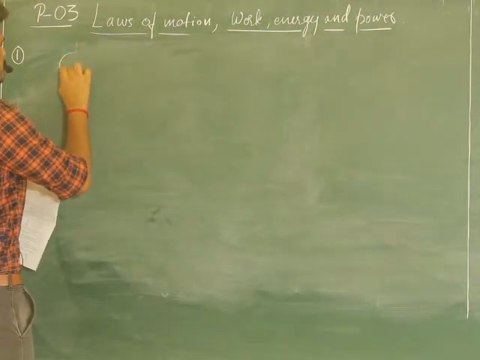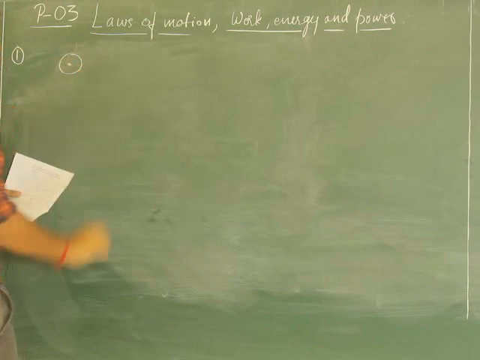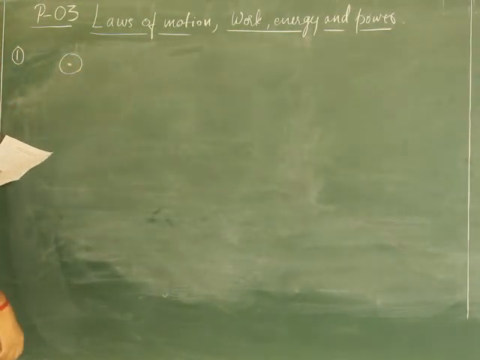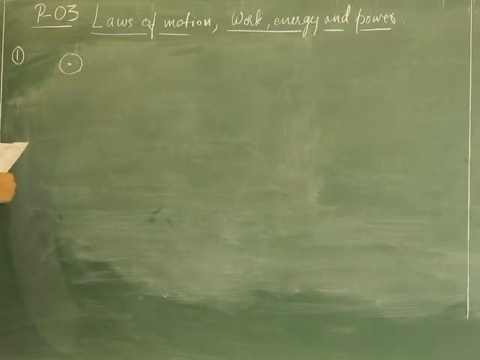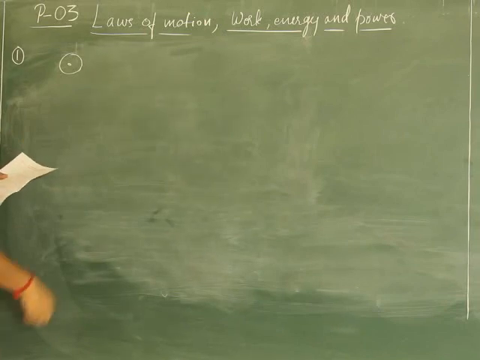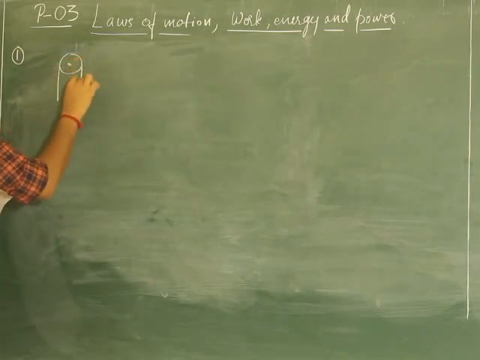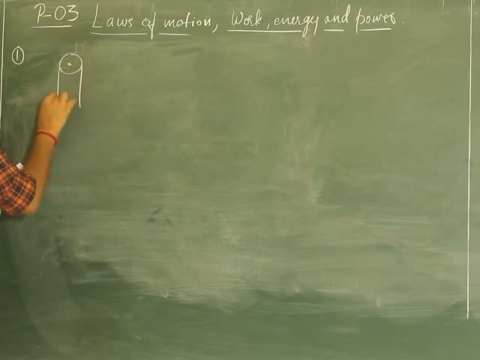So I will take it like this. A frictionless pulley is there. Two bodies of 3 kg and 4 kg are suspended at the ends of a massless string passing over it.